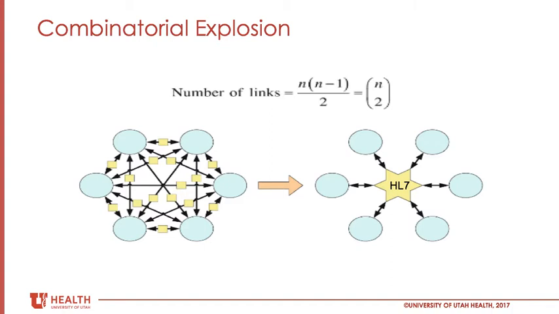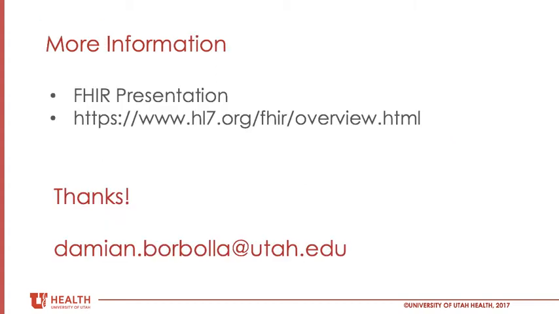So this is basically what we are going to work on during this course: seeing how we can implement a standard, in this case using FHIR, to connect different clinical systems.